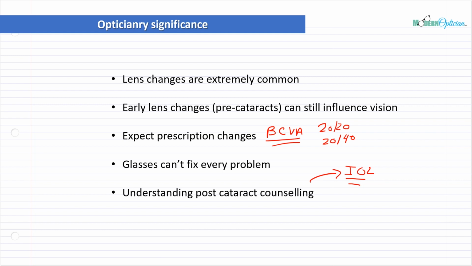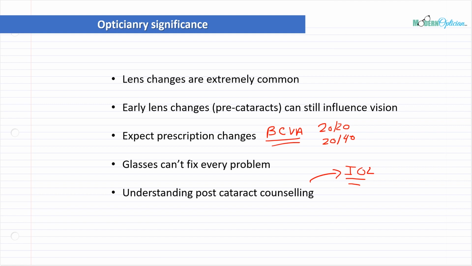Okay, so this has been kind of an introduction to cataracts, and this is going to be something that we're going to talk about in bits and pieces here and there as we move on throughout these courses. But again, the take-home message is that you should be somewhat of an expert on cataracts because you're going to deal with this every single day.